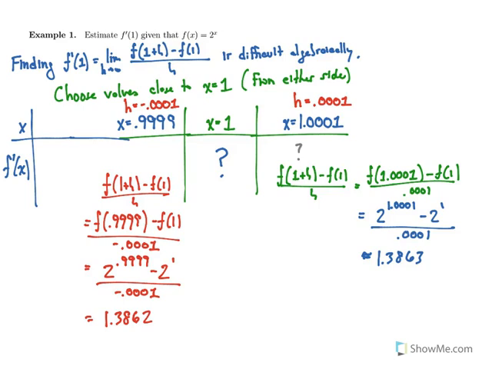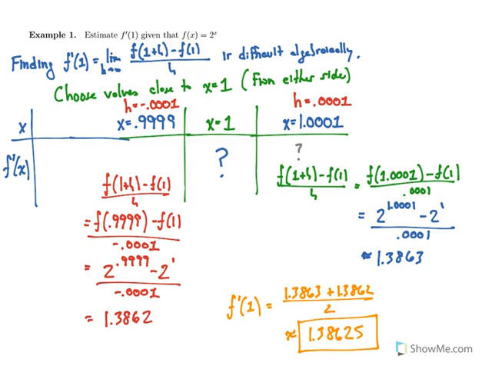So we might have that our answer is going to be the average of these two numbers, that f prime of 1 is about 1.38625.